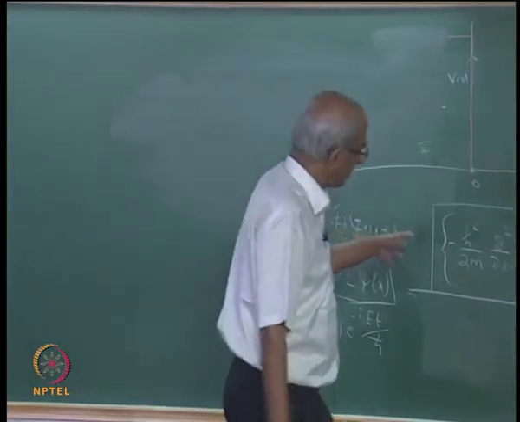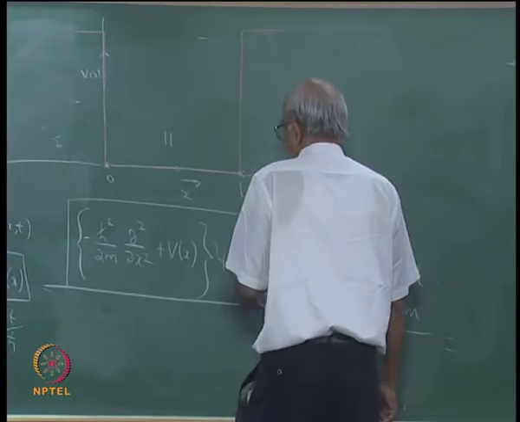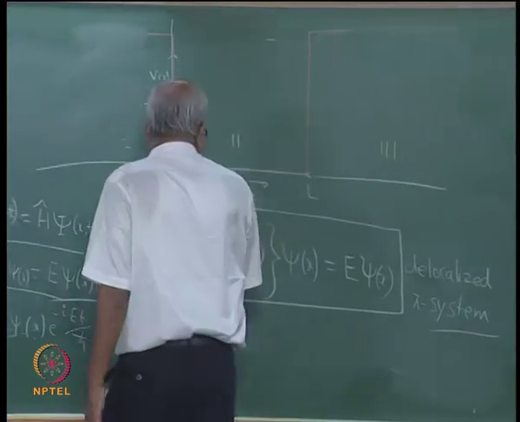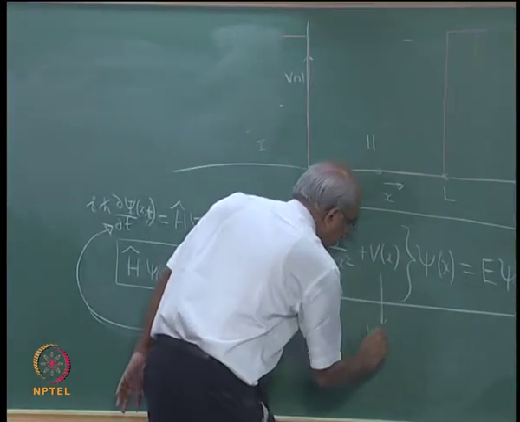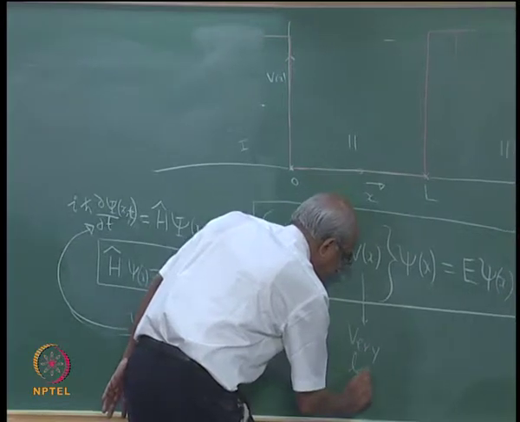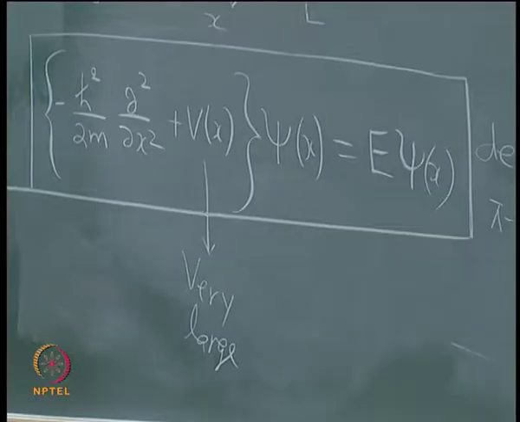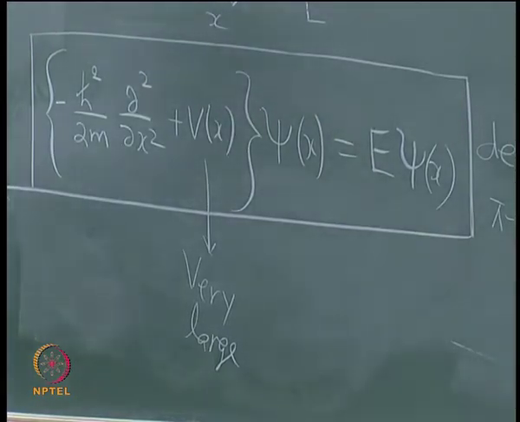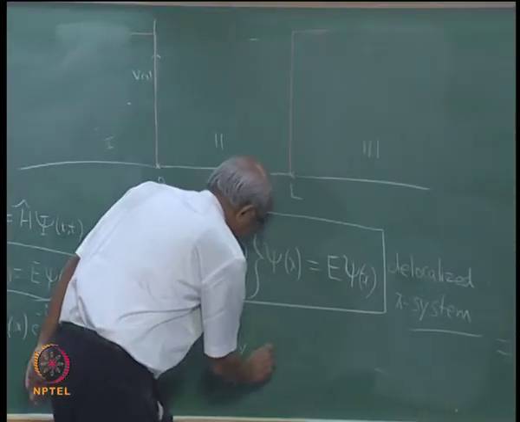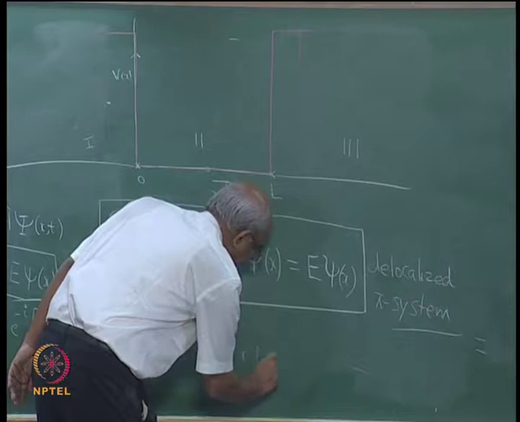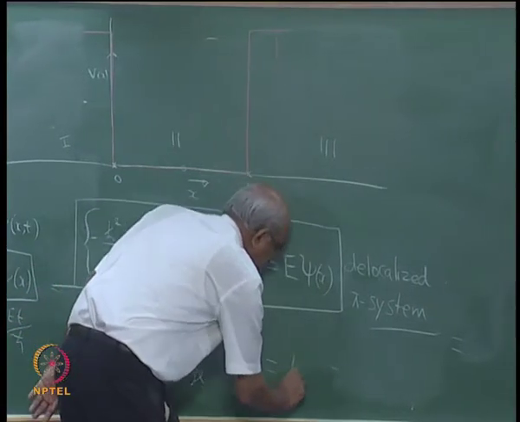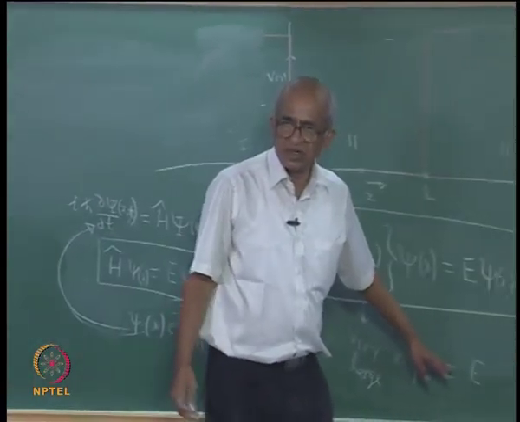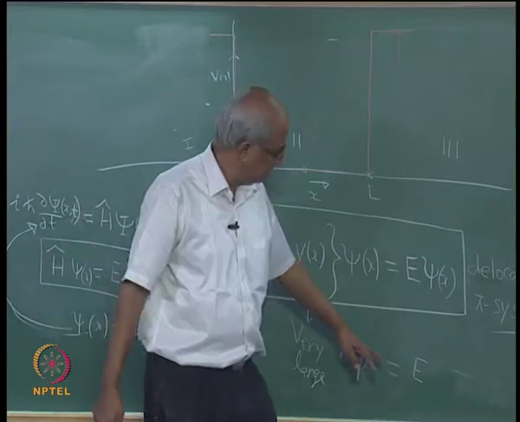If you want, you can verify it by substituting the solution in here, just to make sure that everything is fine. Suppose you are in region 1. Then the potential energy is very, very large in region 1. I said it is infinity, but it is a very huge quantity. So here you have a very large quantity multiplied by psi, which must be equal to E, which is not a very large quantity, it is some finite value, multiplied by psi.